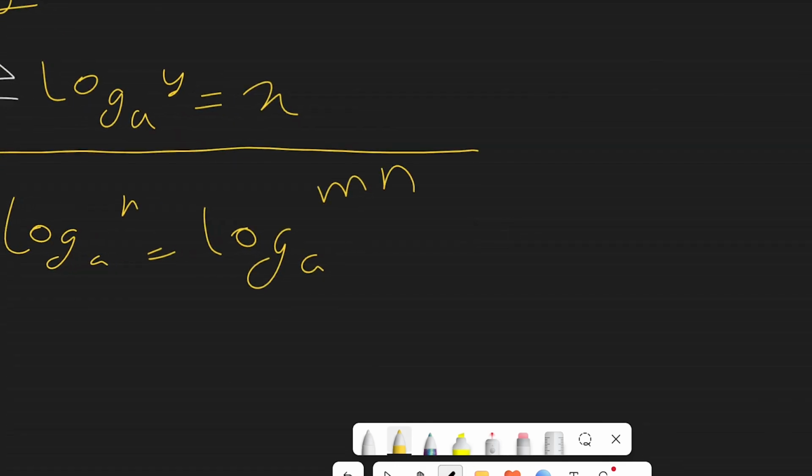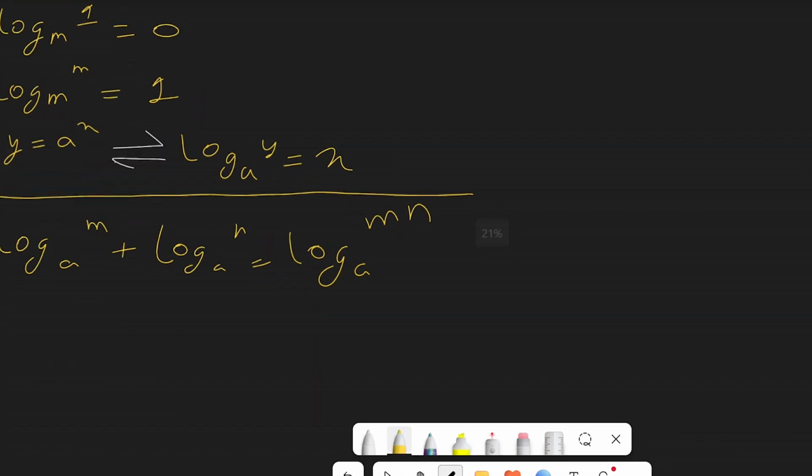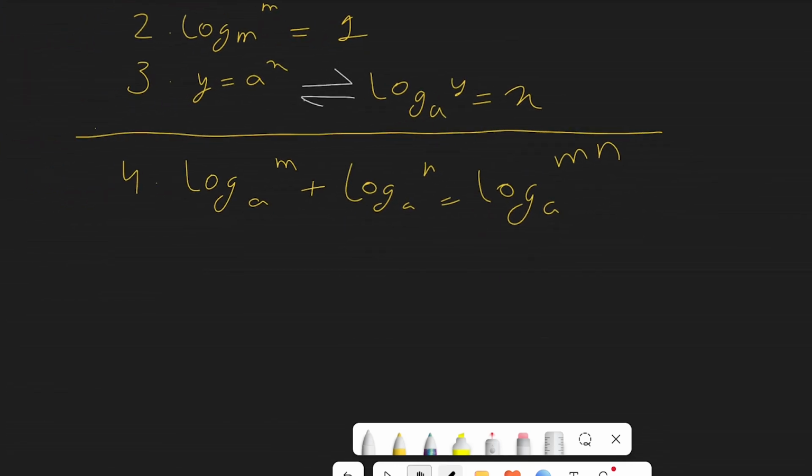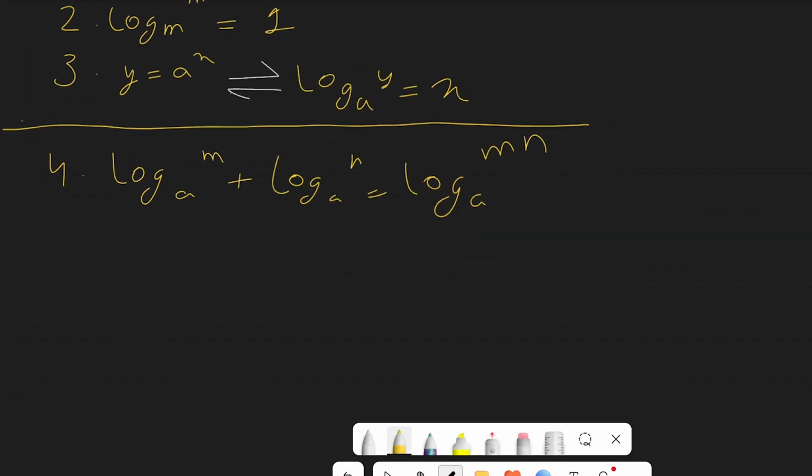Let's say, for example, m is equal to a power x and n is equal to a power y. Now if we have to do mn, we know that in exponential form, as in the previous video, a power x times a power y would be a power x plus y, right?